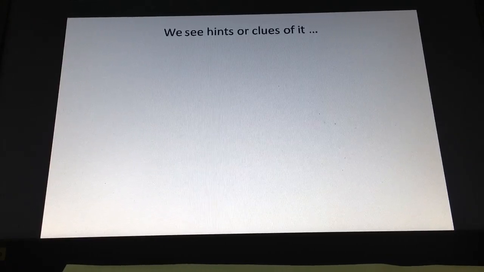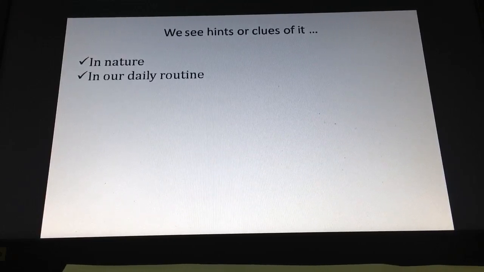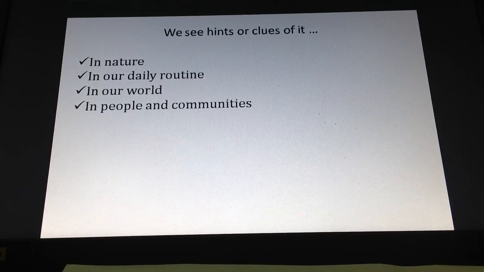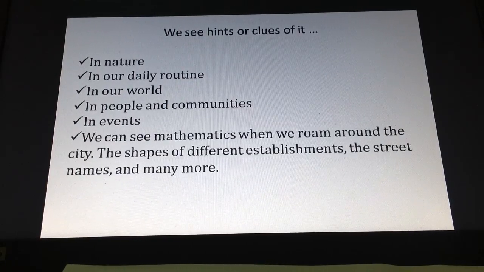So, nasan nga ba ang mathematics? So, where is mathematics? So, we see hints or clues of it in nature, in our daily routine, in our world, in people and communities, in events. So, we can see mathematics when we roam around the city, the shapes of different establishments, the streets, the street names, and many more.